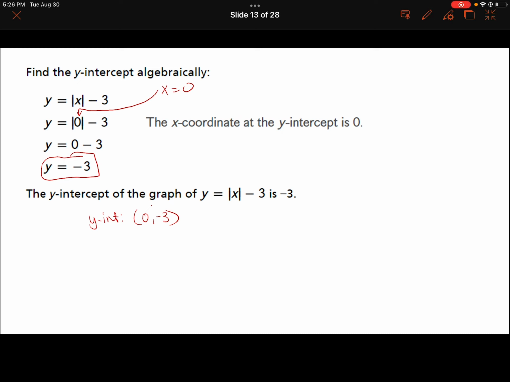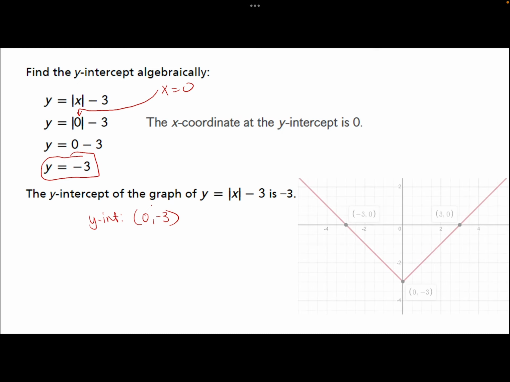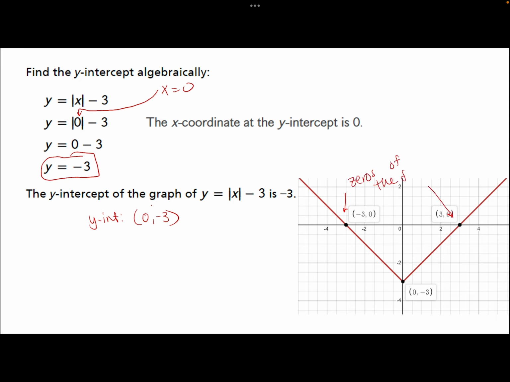So same thing as always. So this will be the graph. These are zeros of the function because it crosses the x-axis.